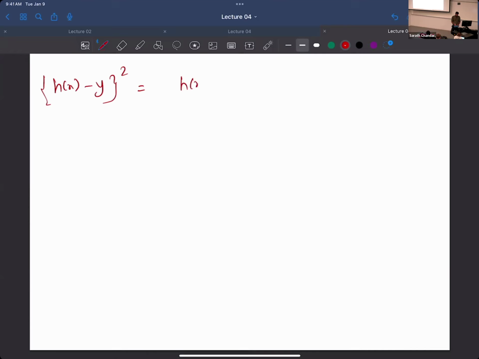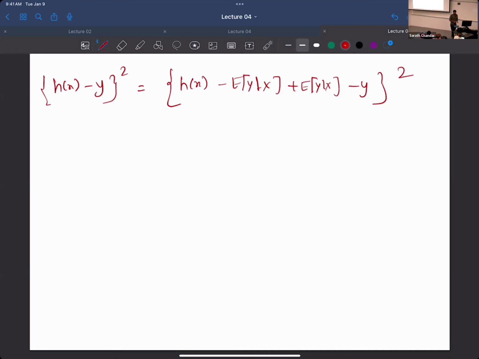I'm going to write this as h of x minus E of y given x plus E of y given x minus y, the whole square. This doesn't really change anything, right?